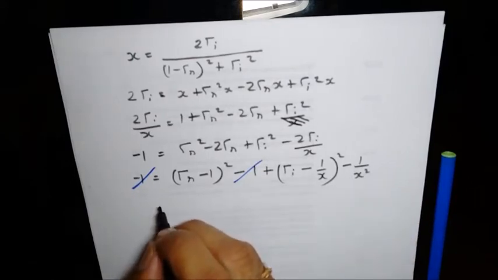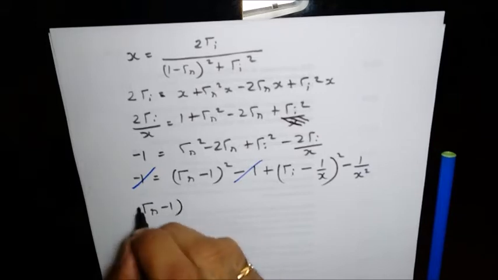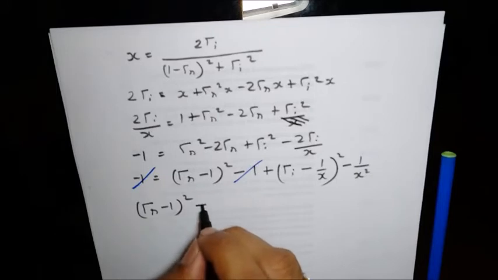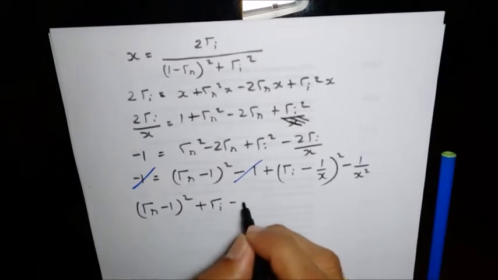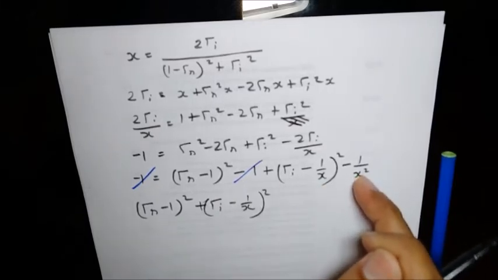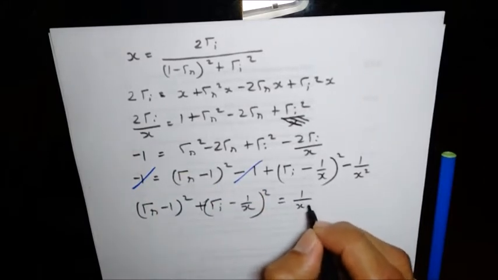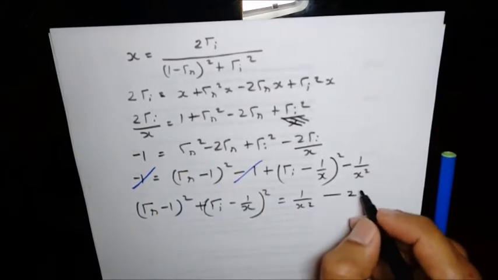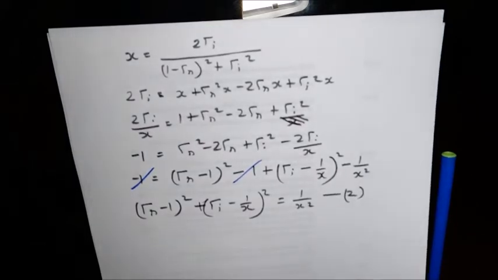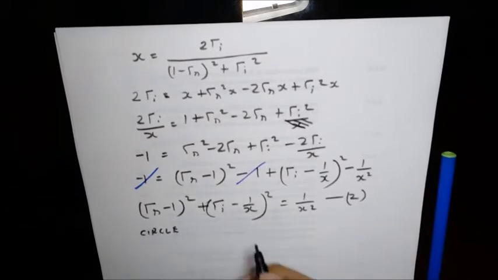The circle equation will be gamma r minus 1 square, this term, plus gamma I minus 1 by x square, that is this term, and this I will take over here, but since I have flipped it, I write it as 1 by x square. This is equation 2. So there you have the circle. This is a circle.